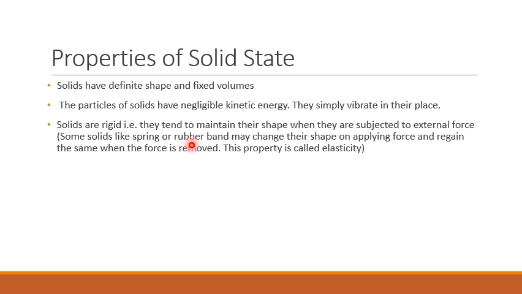So this property of solids or of any object is known as elasticity. The property by virtue of which a substance changes its shape on applying a force and regains it again when the force is removed is called elasticity. So some solids show elasticity.